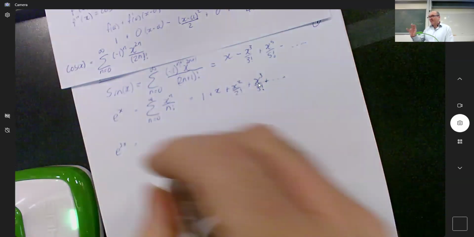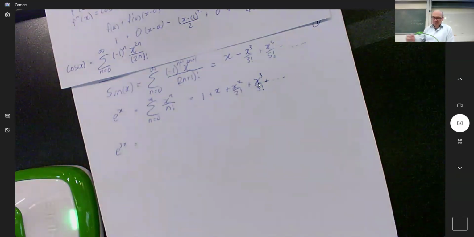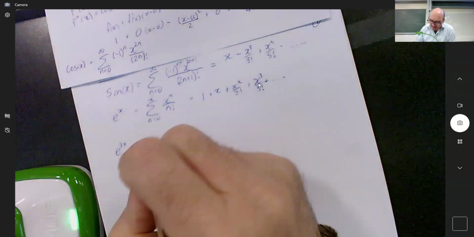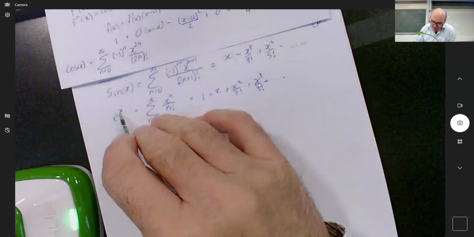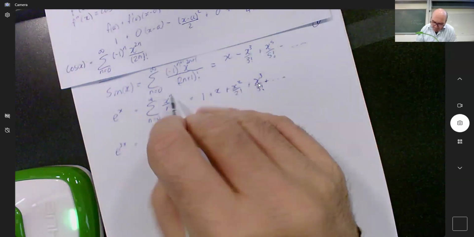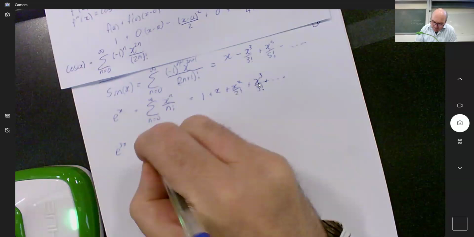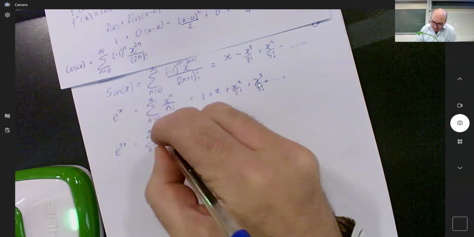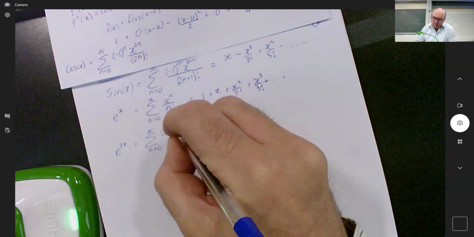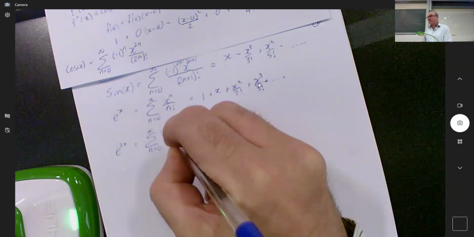That's e to the x composed with 3x. And so I could put it, see how x is here? I could just put that 3x in there.